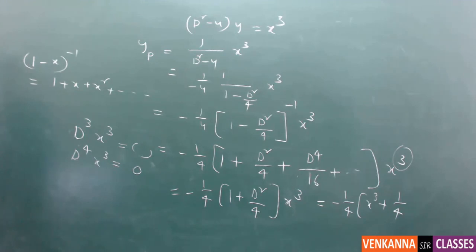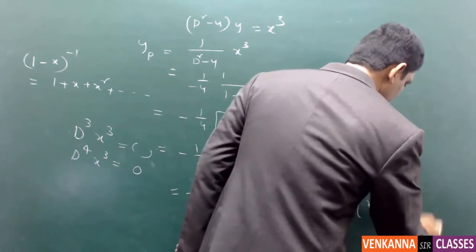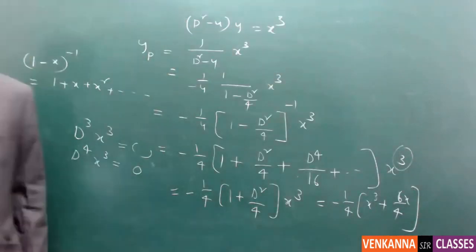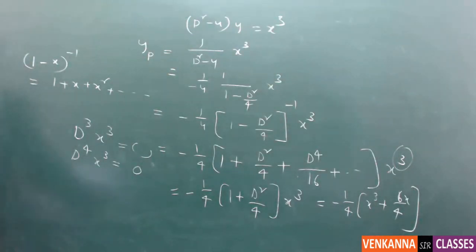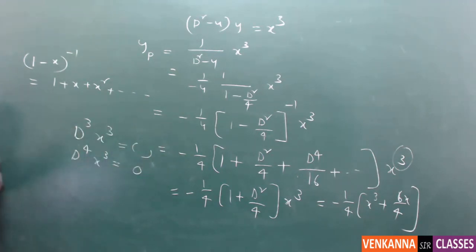If you differentiate a second time, it is 6x. So 6x by 4. Accepted? You can simplify the terms again by multiplying with minus 1 by 4. So that is the particular solution value. Then we will write the general solution y is equal to yc plus yp as usual. Is the approach clear to all now?